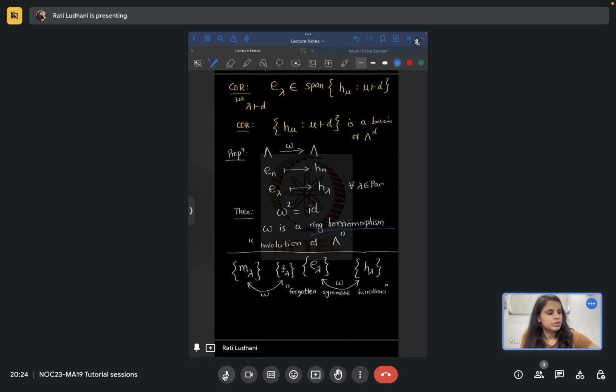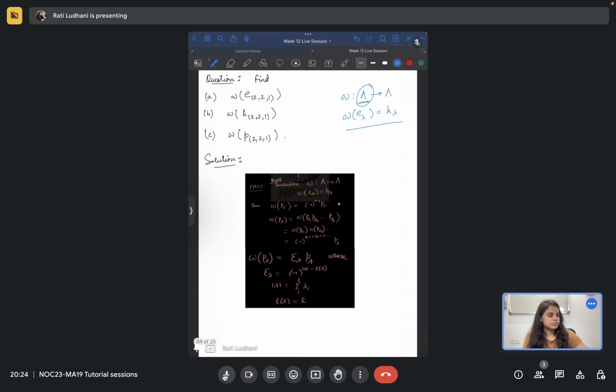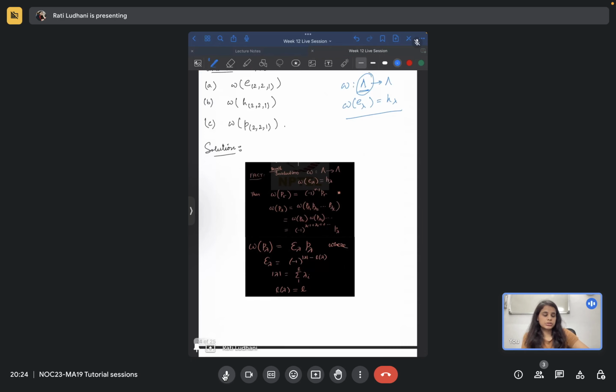So now that could help to find out the omega of any Schur polynomial or monomial symmetric polynomial also, because you know that if it is linear, you can take omega inside. You write h in terms of m, and you apply omega to it, because that is a ring homomorphism. So that is okay, right?